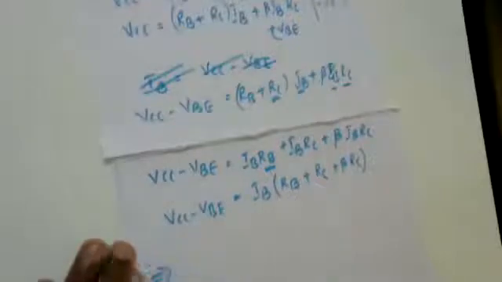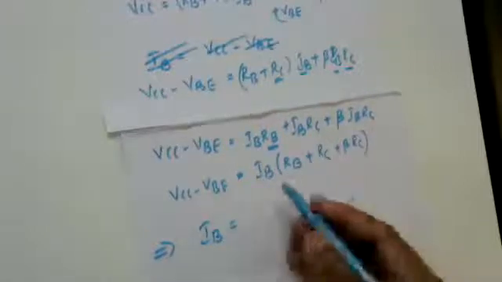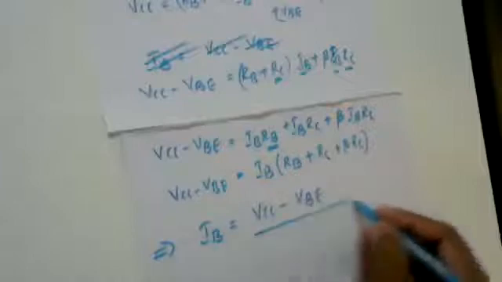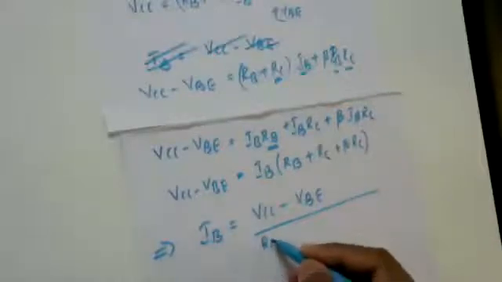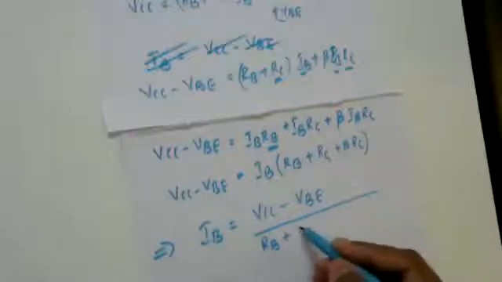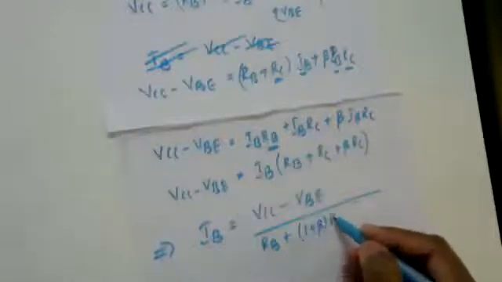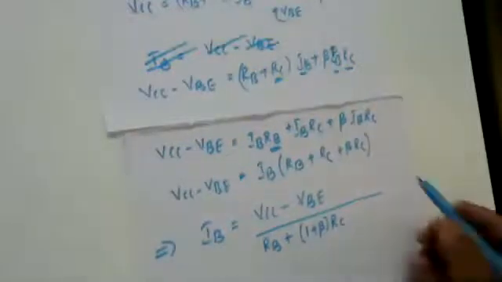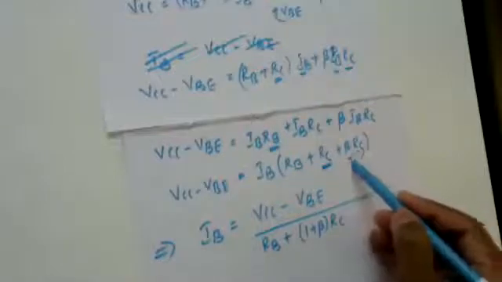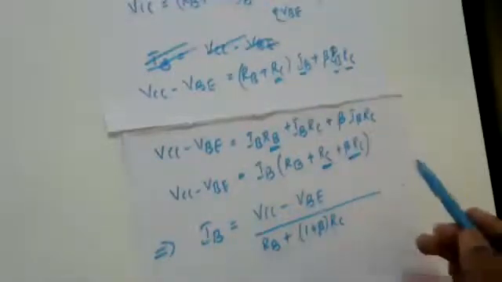So this implies, if I want to write the equation for the base current, then the base current is given by IB is equal to VCC minus VBE divided by RB. Here I can take RC common outside, so it is 1 plus beta into RC. Yes or no? If I take RC common outside of these two terms, it is 1 plus beta times RC.